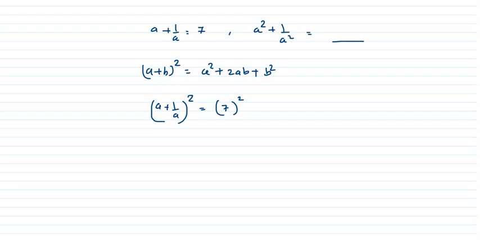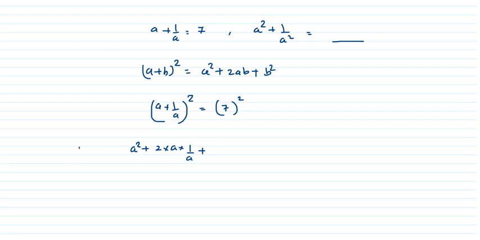Now see what happened. a square, see how you can open this. First term square plus 2 into first term into second term plus second term square. So here a square plus 2 into first term, which is a, into second term, which is 1 upon a, plus second term square.